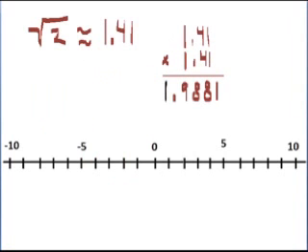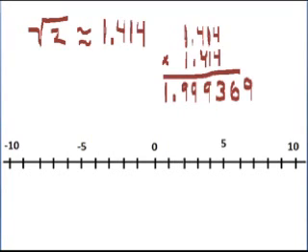And so let's look at this. If I multiply 1.41 times 1.41, I come up with 1.9881. That's not 2. Okay, let's add another decimal. So now I have 1.414. 1.414 times 1.414 is 1.999369.